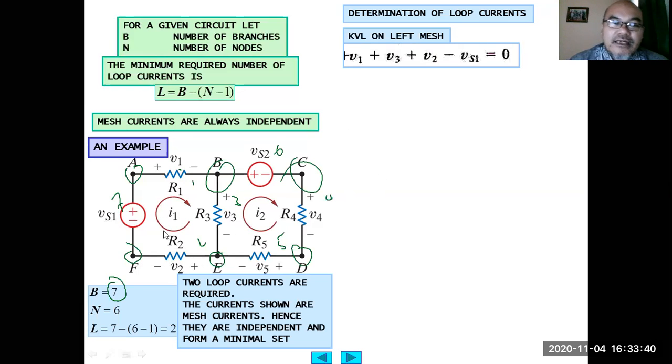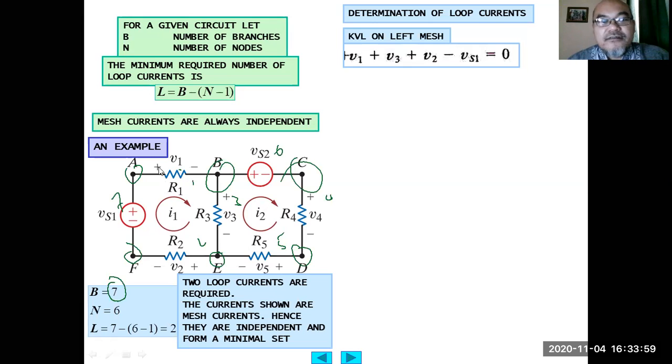The KVL on the left mesh: departing from F towards A is negative Vs1, because the voltage drop is negative, as it is a voltage increase.